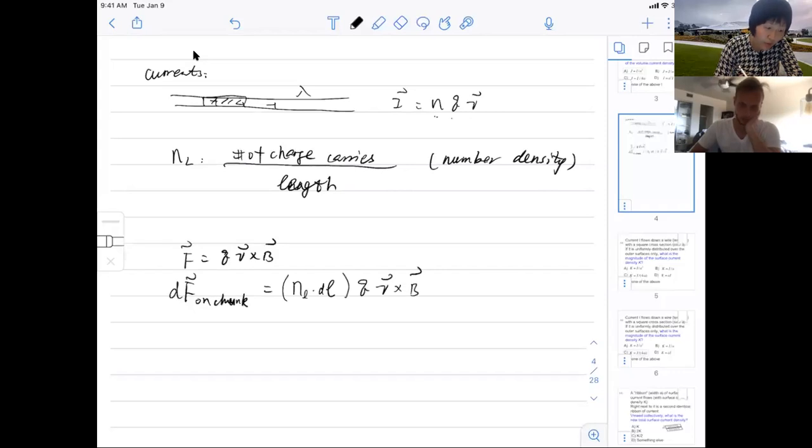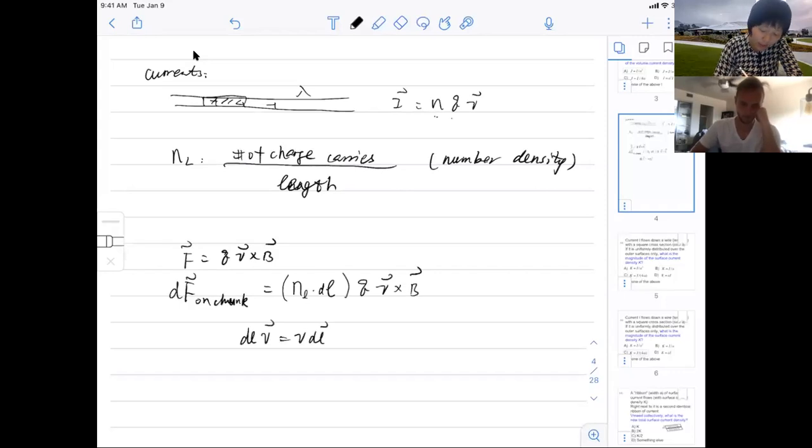I'm going to move my vector sign. I don't like to put vectors on top of I, and I don't like to put vectors on top of V. Instead, we will put the vector on the length L. So I'm going to write V vector dl as V magnitude times dl vector.